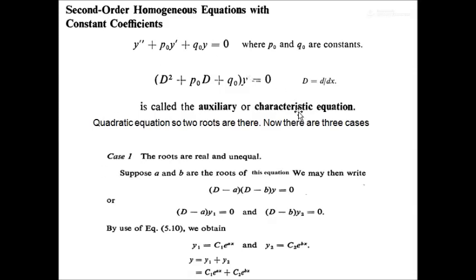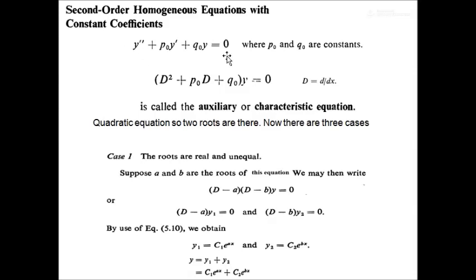Now, the second order homogeneous differential equation. So what is a second order homogeneous differential equation? The right hand side must be 0 and the highest order derivative will be 2.